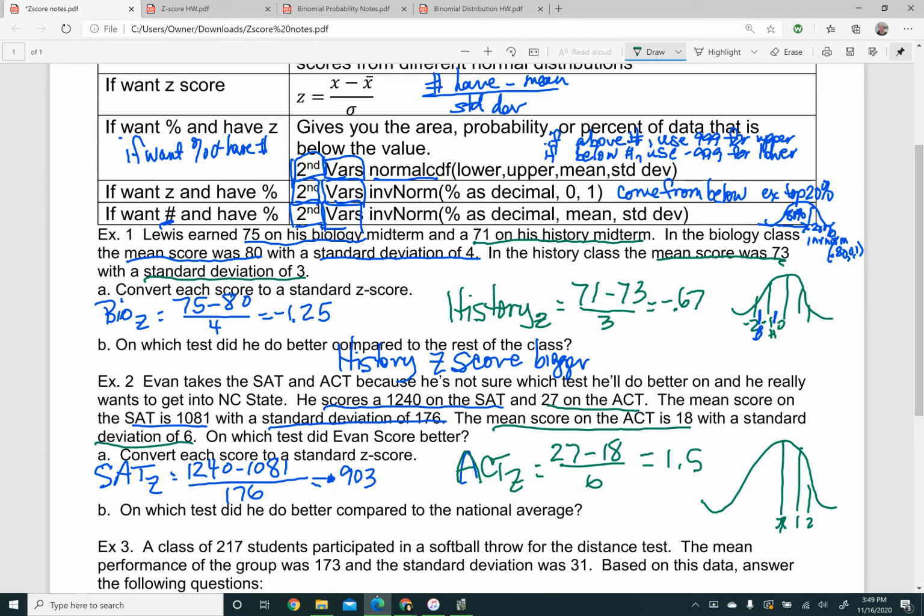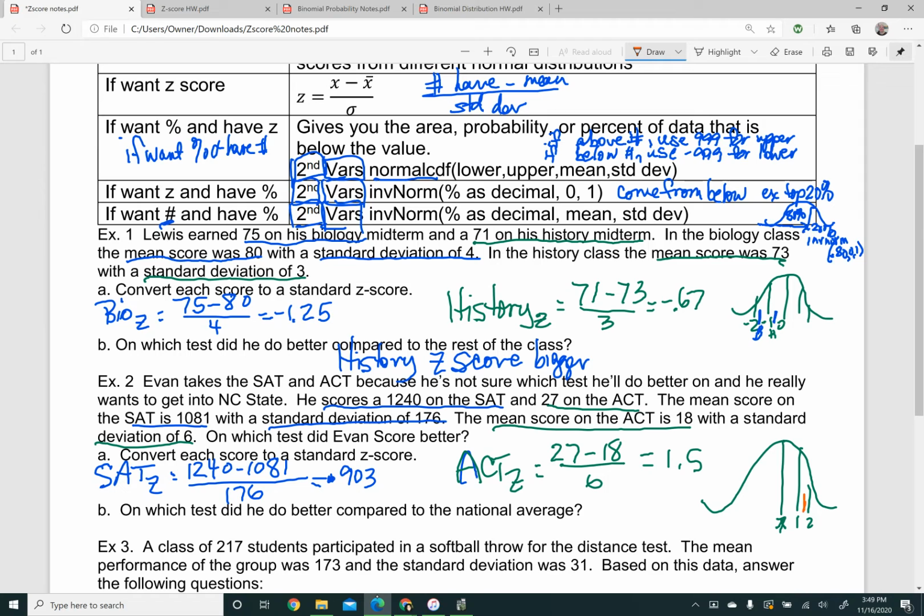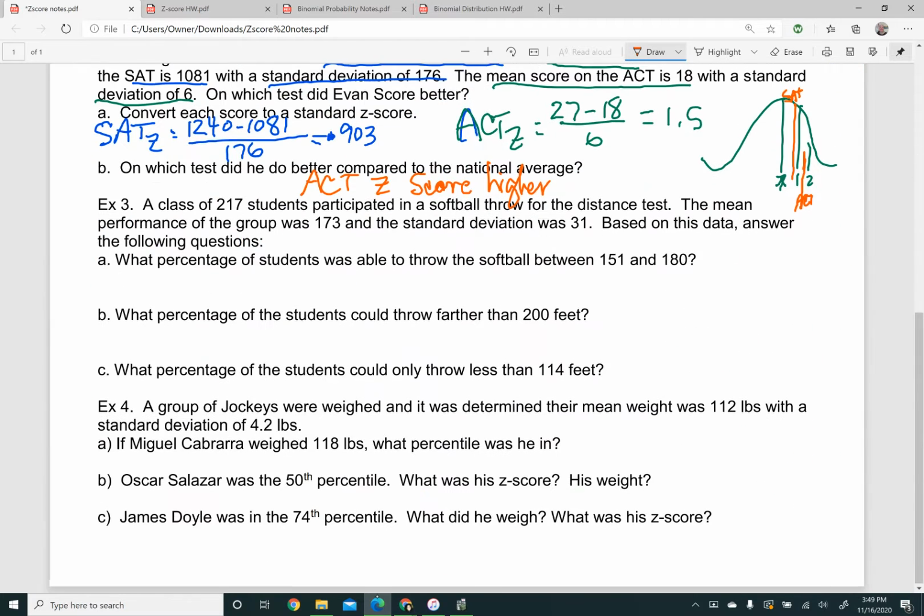My ACT score is right in here, 1.5. And my SAT score is like right here. So obviously my ACT is better, because my z-score is higher. Questions is what we would go from there.